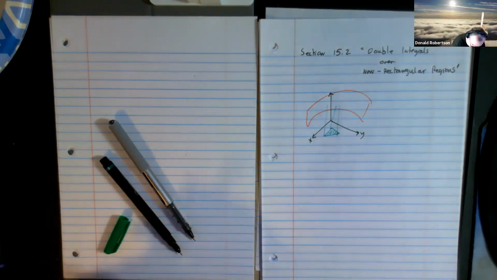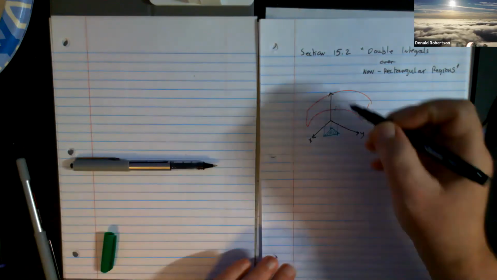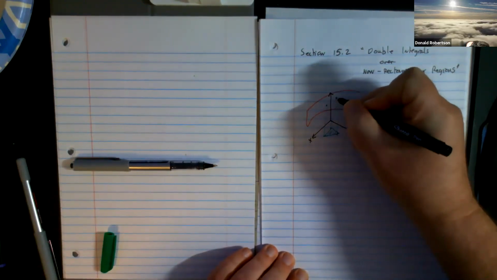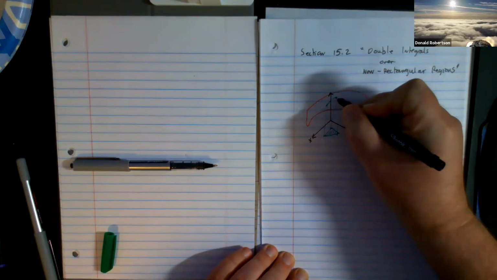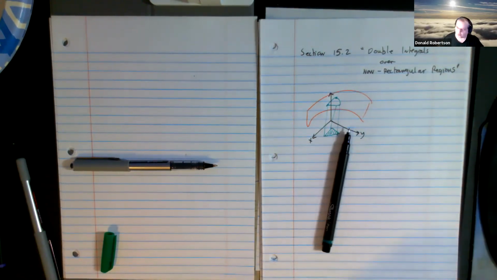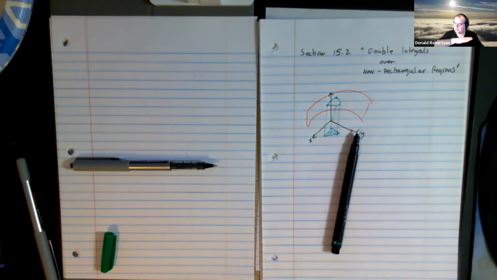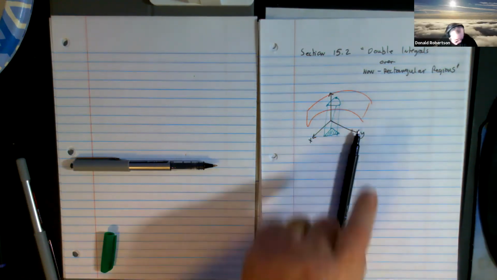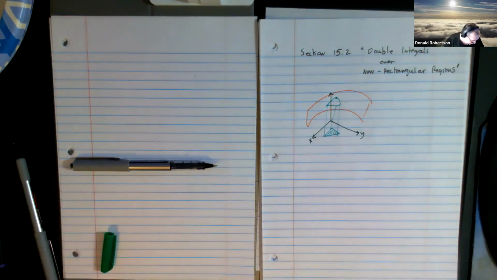God, I wish I was a good artist. Can you imagine it looks like a Toblerone bar, but not flat at the top, but curved at the top? And a double integral would be calculating the volume of that shape, for instance.